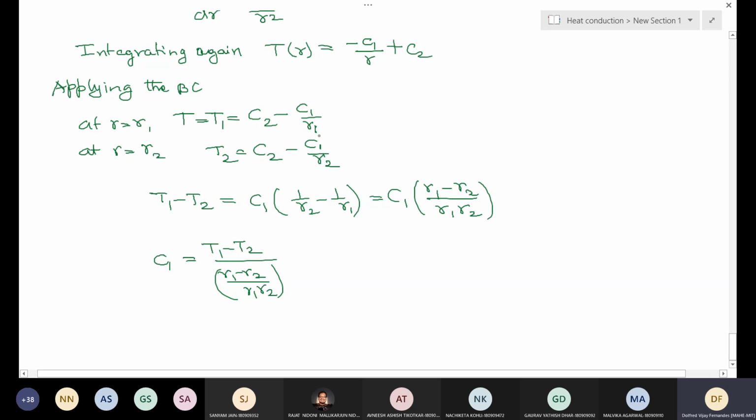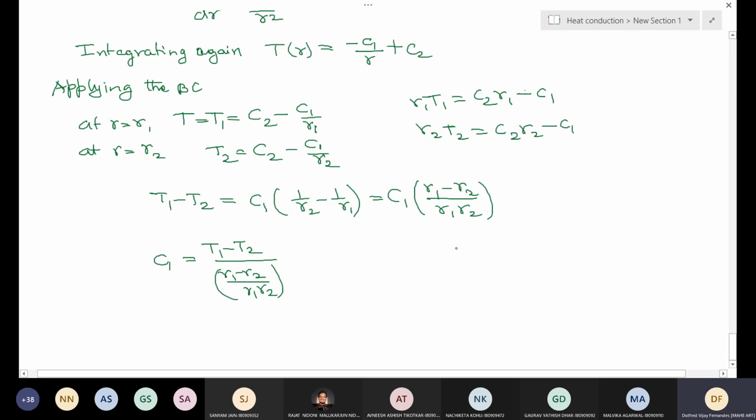For that, first you can write this one as, multiply by R1 now, so that you can eliminate your R1. So R1 T1 equal to C2 R1 minus C1 and R2 T2 equal to C2 R2 minus C1.